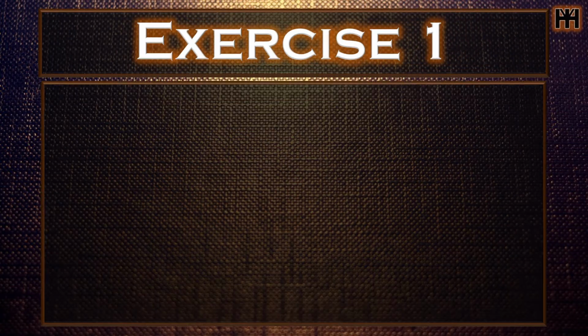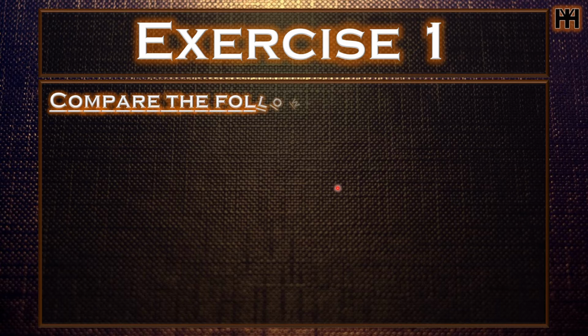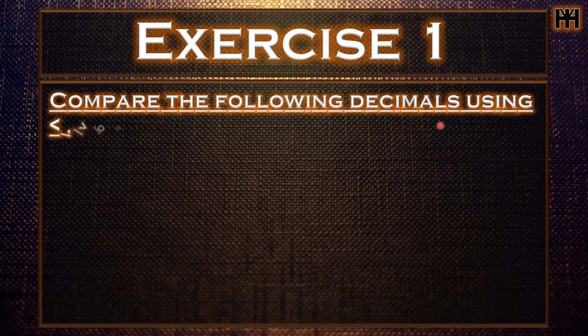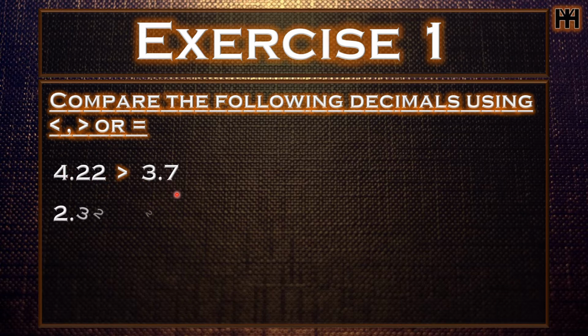Exercise 1. Compare the following decimals using smaller than, greater than, or equal. 4.22 and 3.7. Of course, 4 is greater than 3, so 4.22 is greater than 3.7. 2.32 and 2.45.